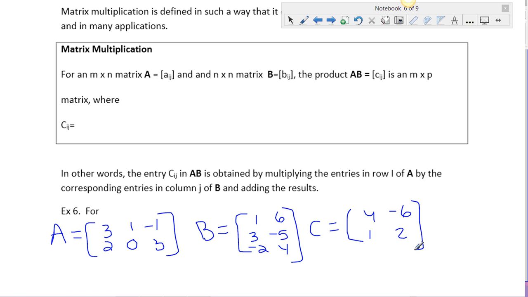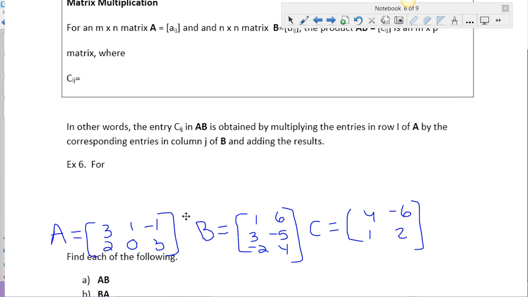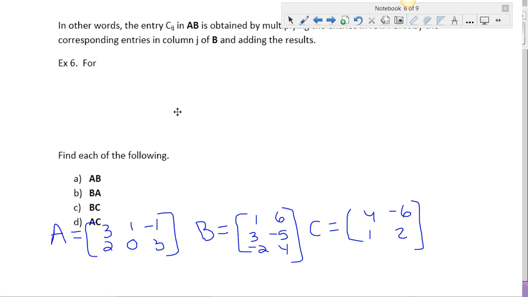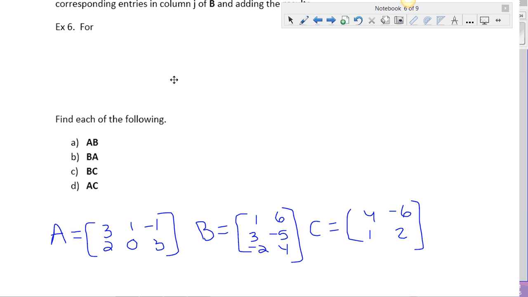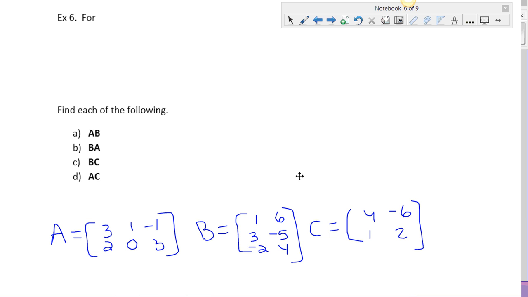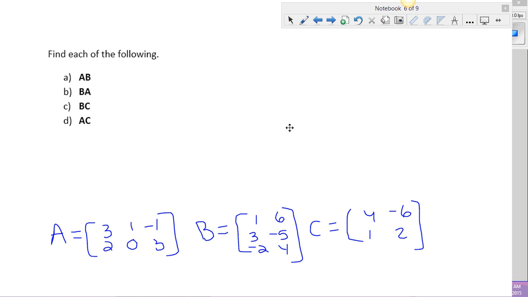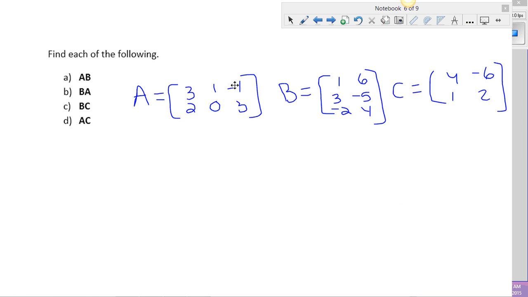All right, so my first example is going to ask us to find the product of matrix A and matrix B. So we're going to start by doing that.